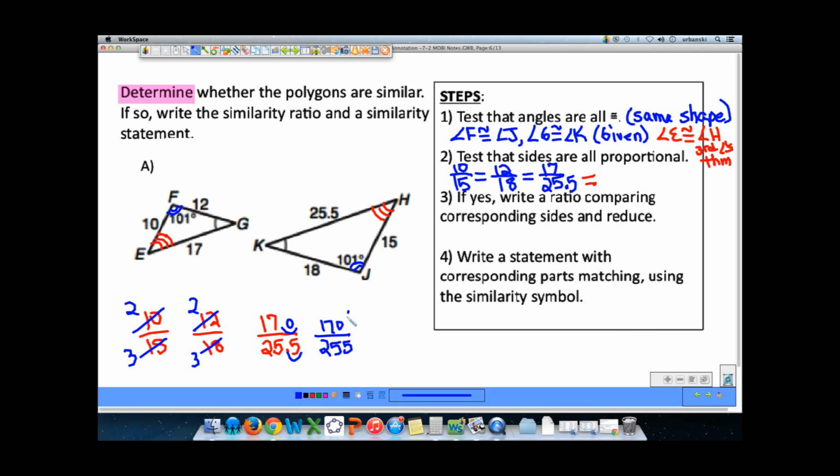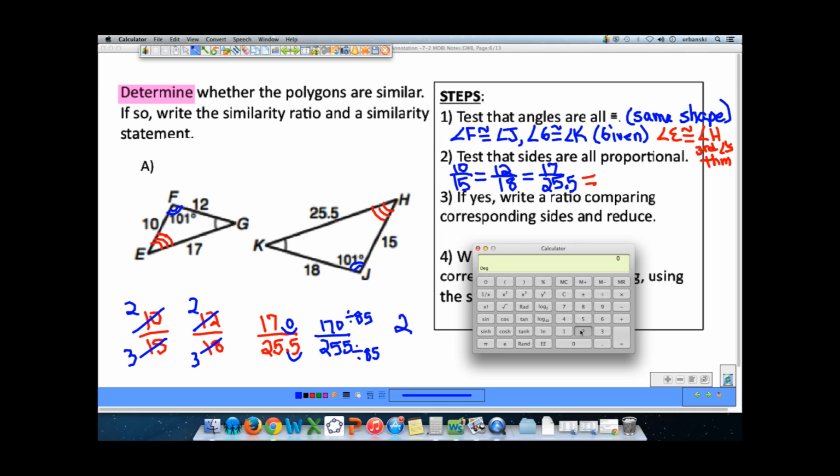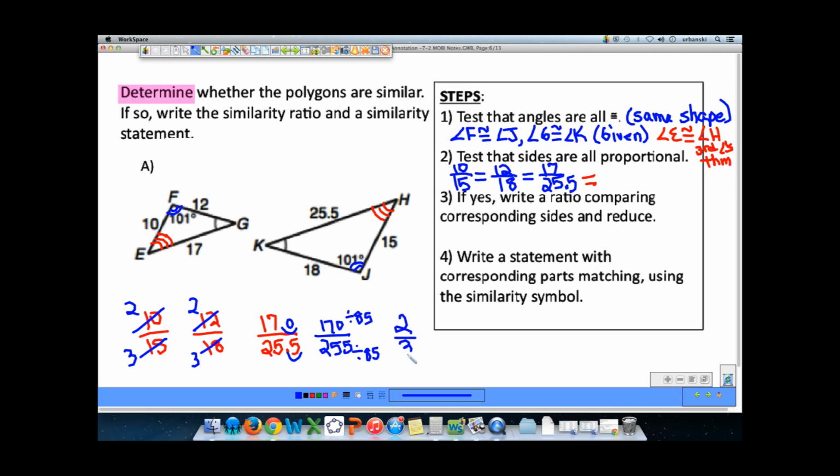So it's true to say that 170 divided by 85 equals 2. All we have to do is test that on the bottom. 255 divided by 85, and we get 3. So it's true. It works.